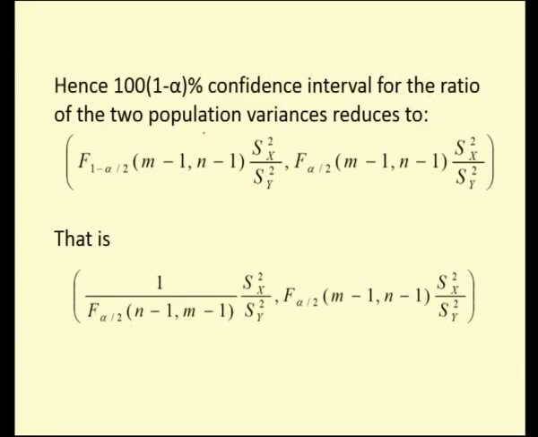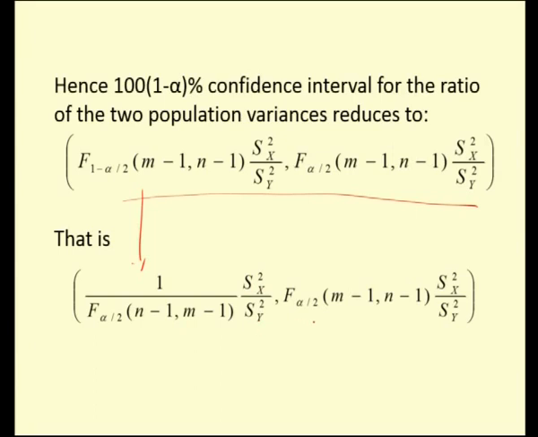Therefore, the 100 into 1 minus alpha percent confidence interval for the ratio of the two population variances reduces to this particular form. Now, an important point is that F of 1 minus alpha by 2, for the problem's sake, you can write as 1 divided by F of alpha by 2 with n minus 1, m minus 1 into sample variance of x over sample variance of y.